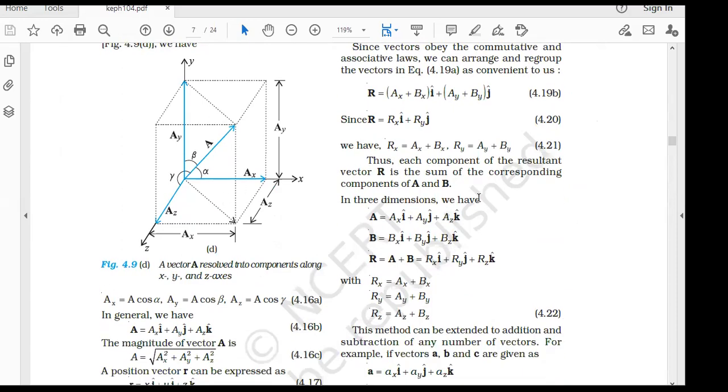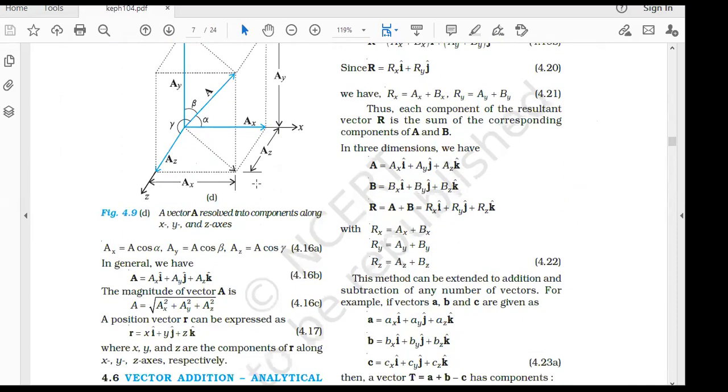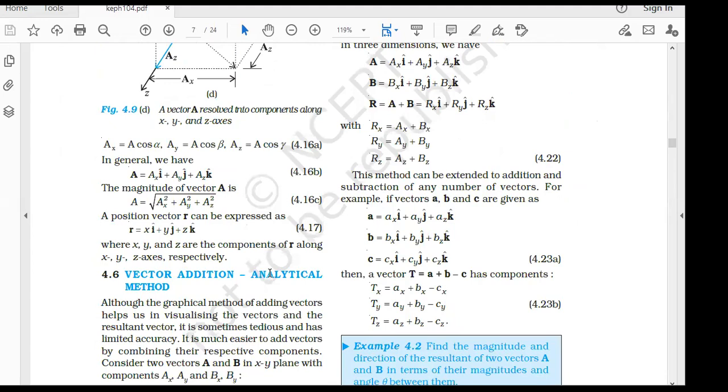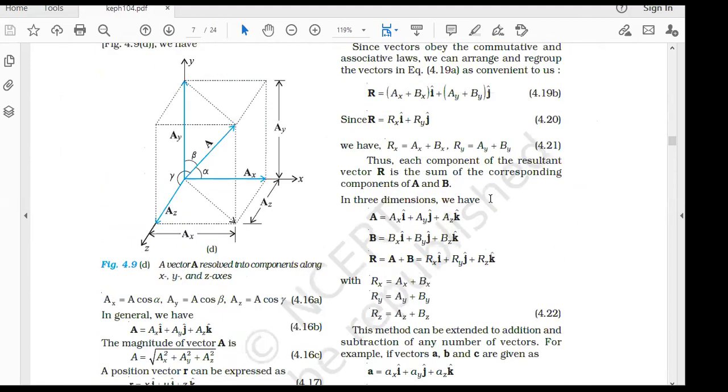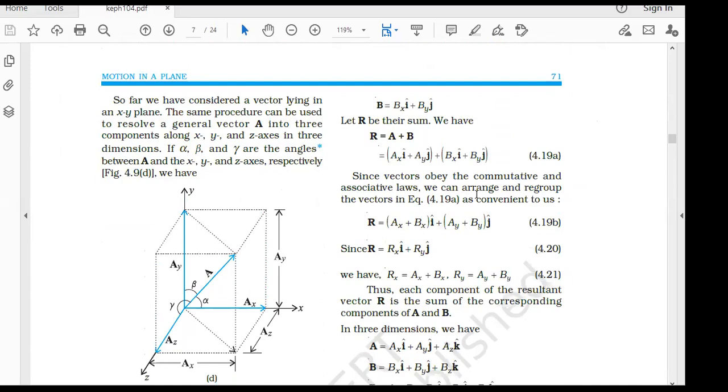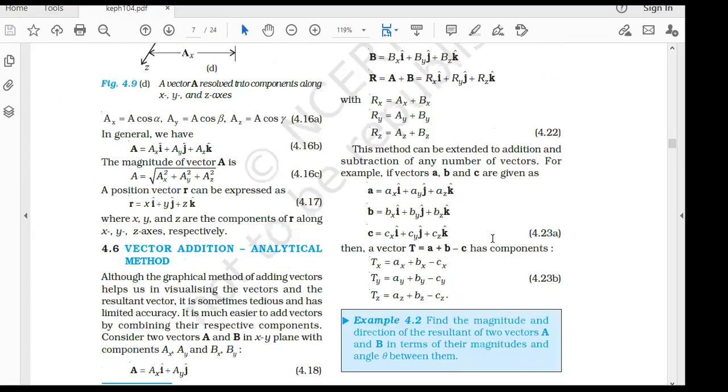It looks very complicated, but nothing very difficult here. Why would I write it in ijk? Because I can add all the i's together, all the j's together, and all the k's together. So addition, subtraction, all these things will become much easier in terms of ijk. That's why we like to have it in ijk form.